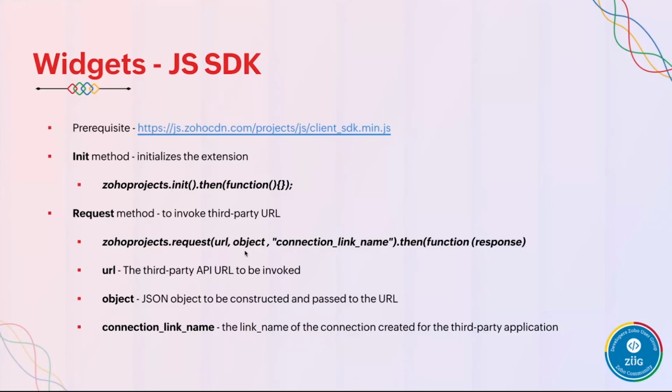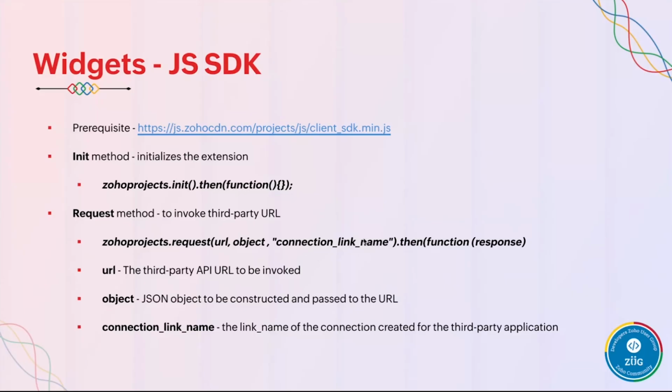So let's say you're going to be pushing some data to the third-party application. In that case, the request type would be post, and you also need to construct the data that you're going to push to the third-party application, right? So all that data will have to be constructed as an object and passed as a second parameter to this request method.